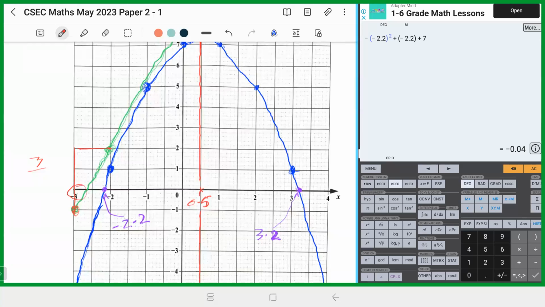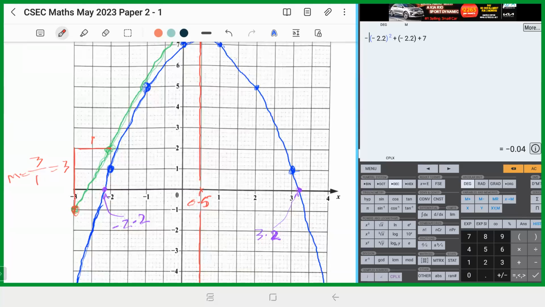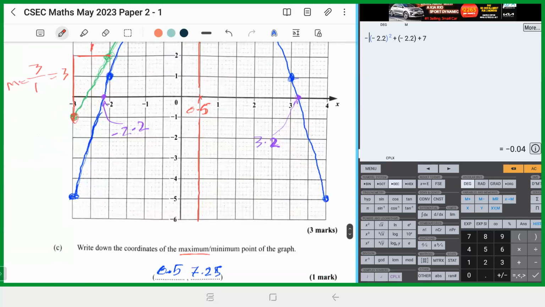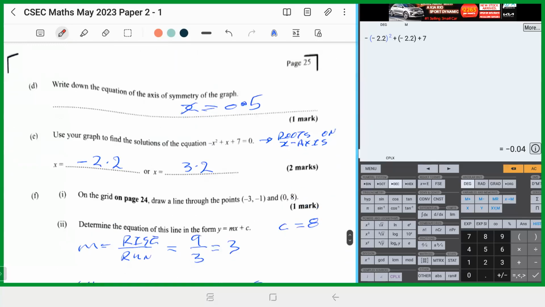So between -3 and -2, run 1. So rise over run is 3 over 1, which equals 3. So the gradient is still the same. That is that.